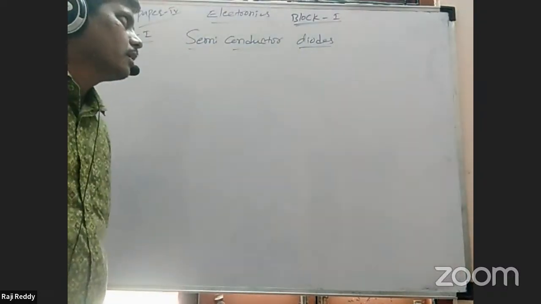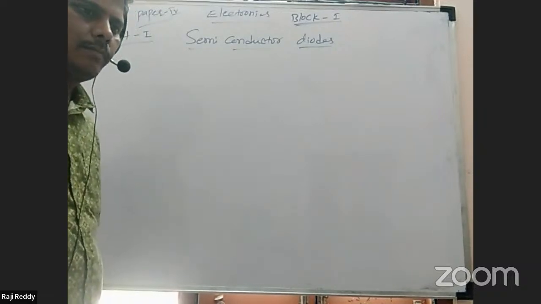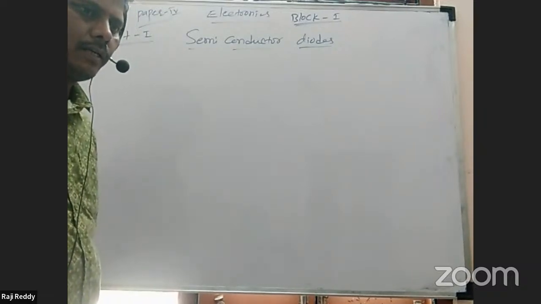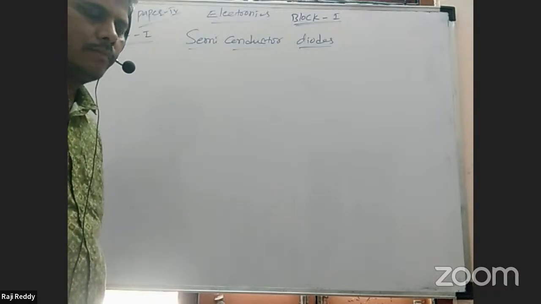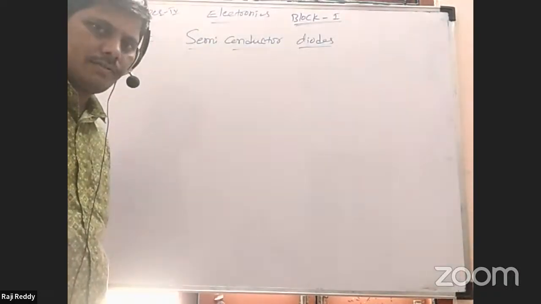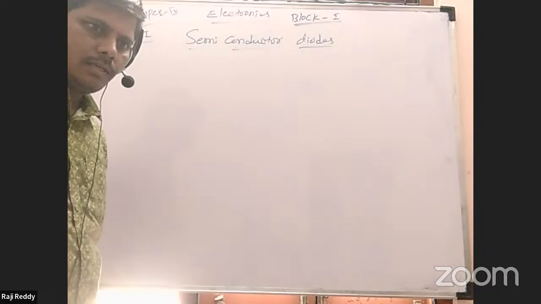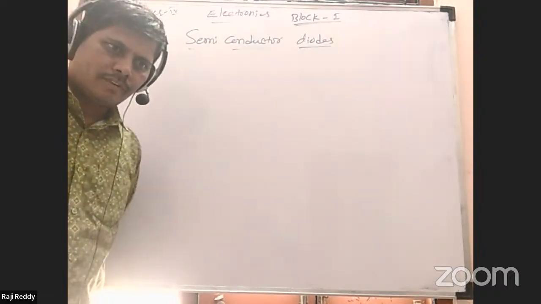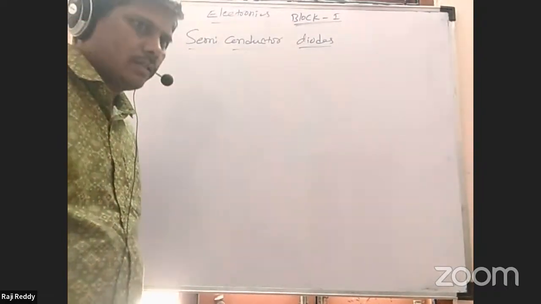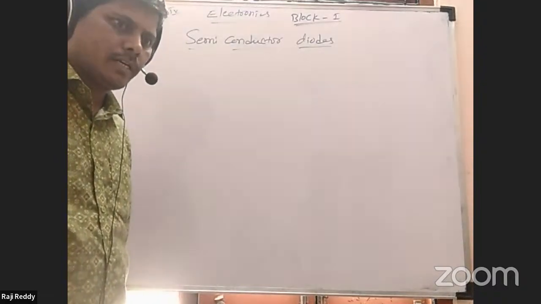Come back here. Semiconductor devices, semiconductor materials. These partially allow charge through them. For example, silicon and germanium are semiconductor materials.